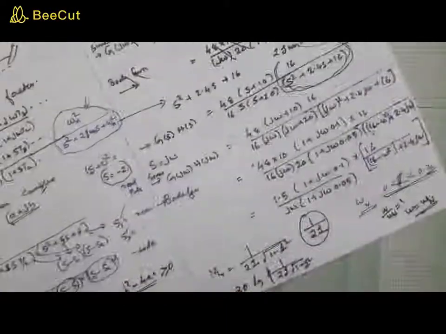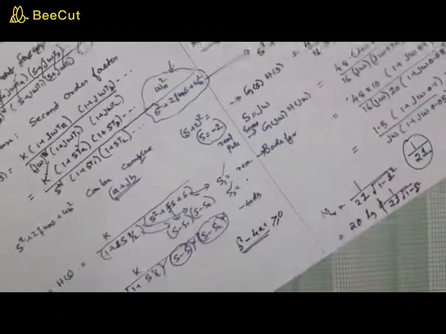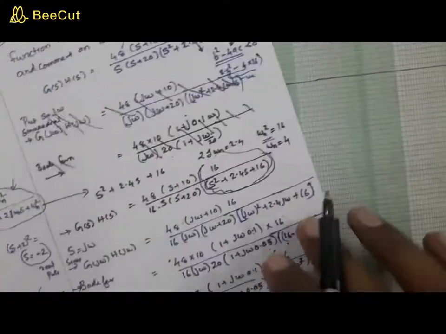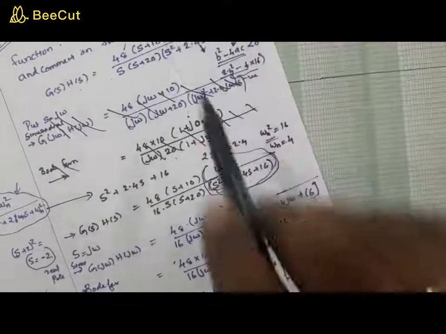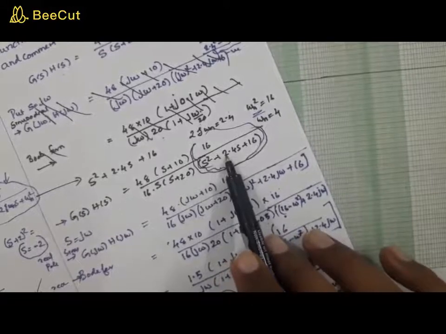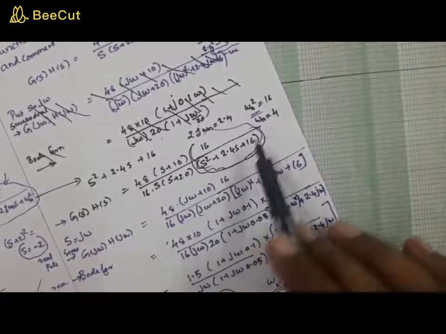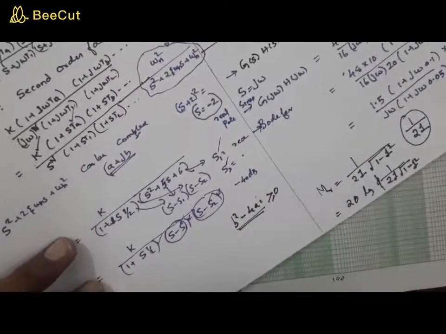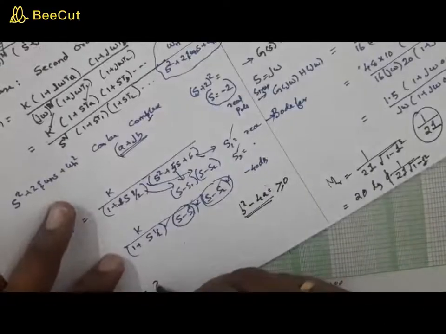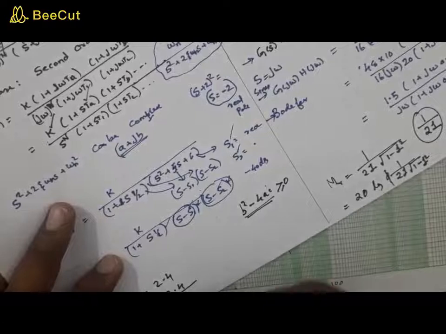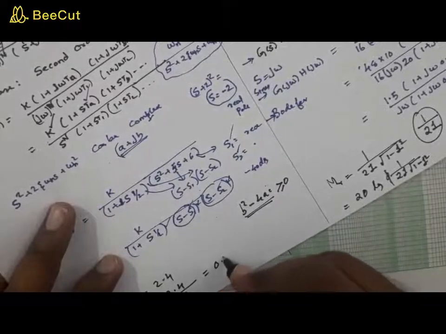We know that 2 theta omega n is 2.4 s, from s square plus 2 theta omega n s plus 16, where omega n we found out to be 4. So that 2 zeta omega n is 2.4, or you can find your zeta as 2.4 divided by 2 into 4, which is 8, which is equal to 0.3.